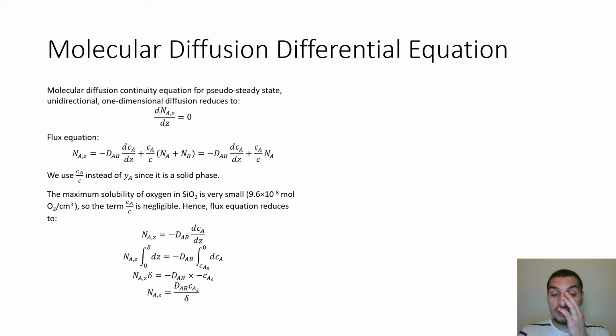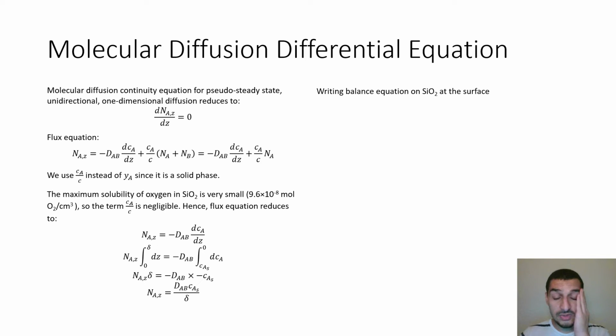So for instance, here you see that the flux is directly proportional to the diffusion coefficient, which is logical. It's directly proportional to the concentration at the surface, which is logical because as you have higher concentration, you have higher driving force. So this makes sense. At the same time, you have the flux inversely proportional to the thickness because thicker layers would reduce the flux. So it's a logical form of the equation.